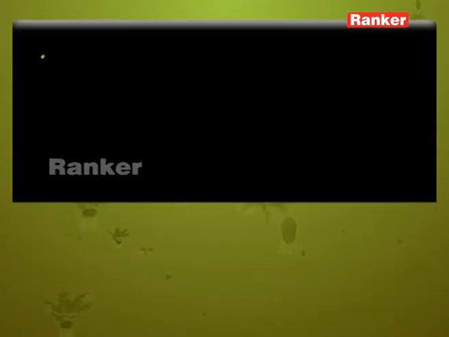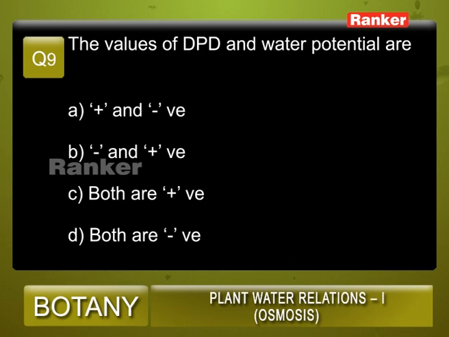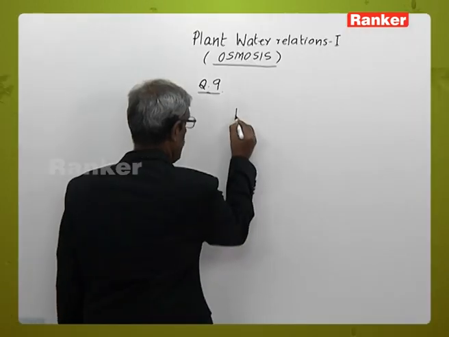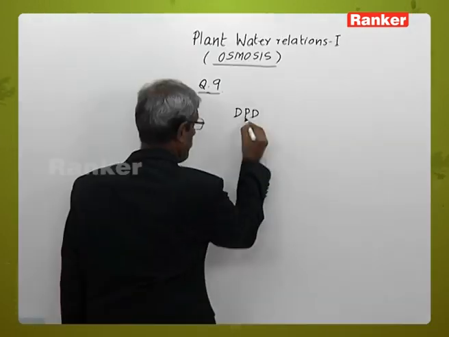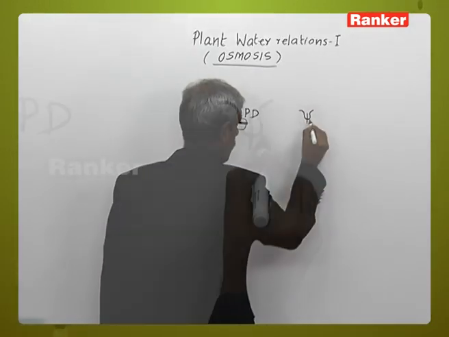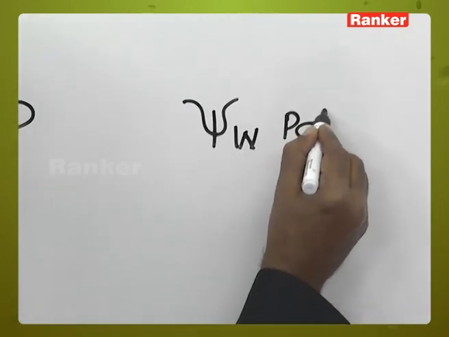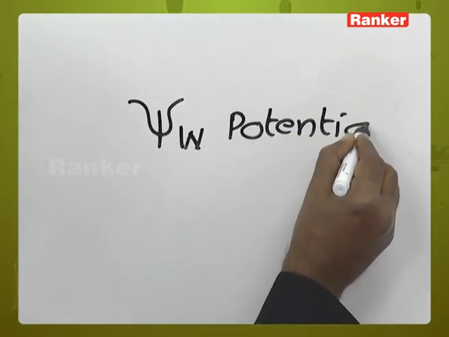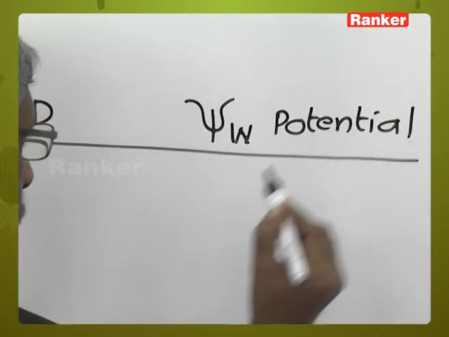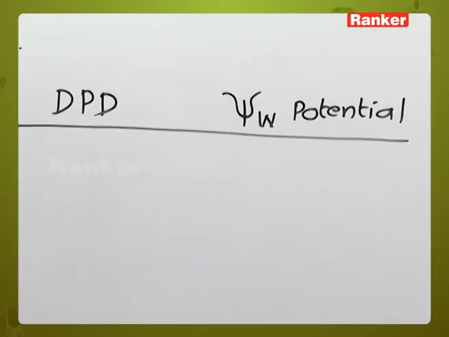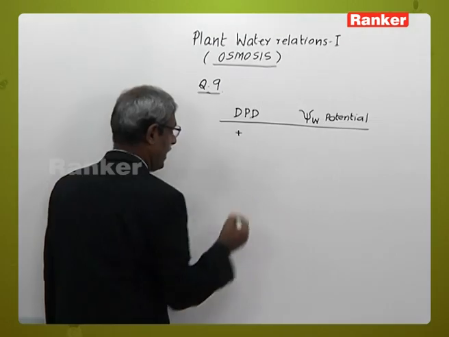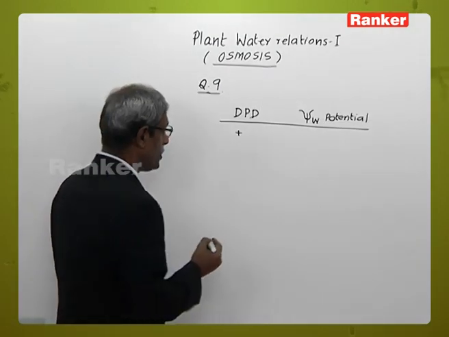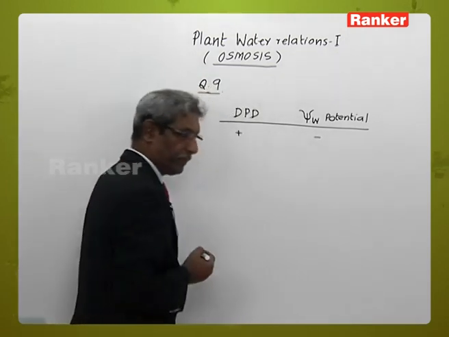Question number 9. The values of DPD and water potential are A, plus and minus, B, minus and plus, C, both are plus, positive, D, both are negative. When you take the values of diffusion pressure deficit as well as water potential, now diffusion pressure deficit is normally measured as a positive value and water potential is measured as a negative value.